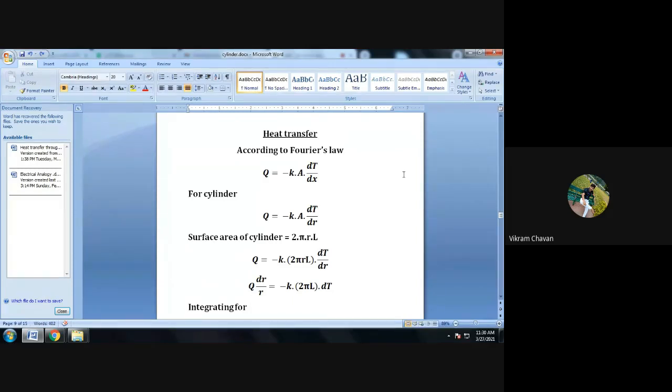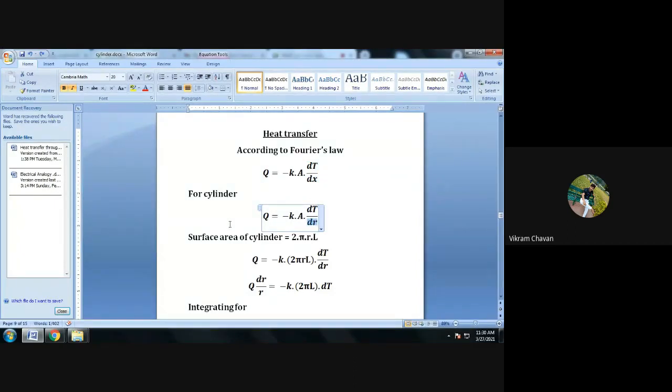The thickness of a cylinder is the difference between two radii, that is R2 minus R1. For that reason, this thickness dx will be dr in the case of a cylinder.